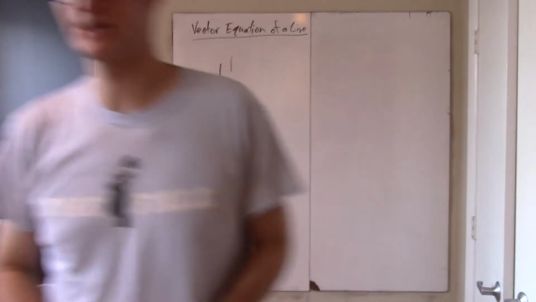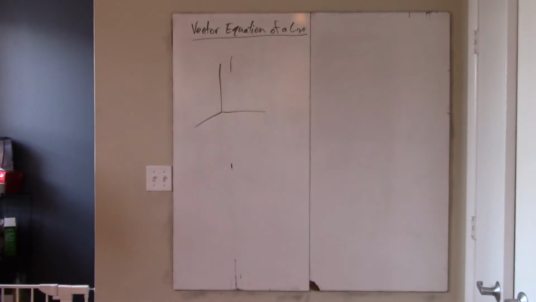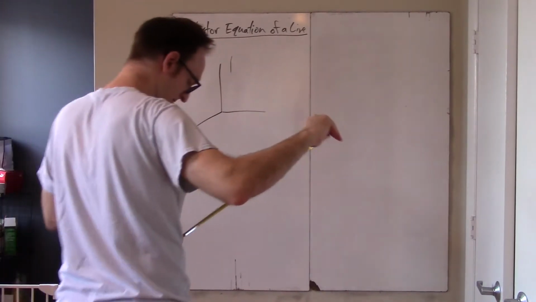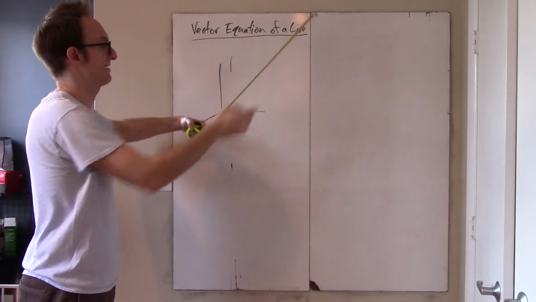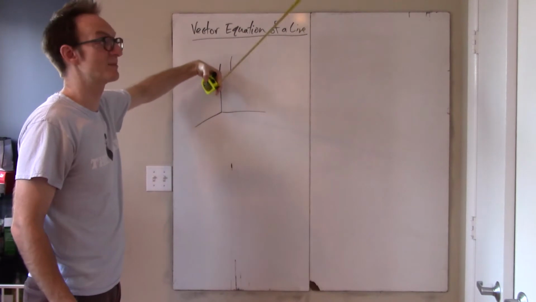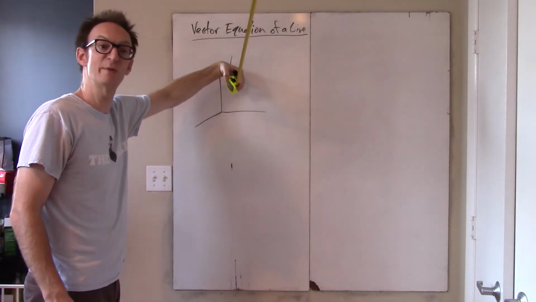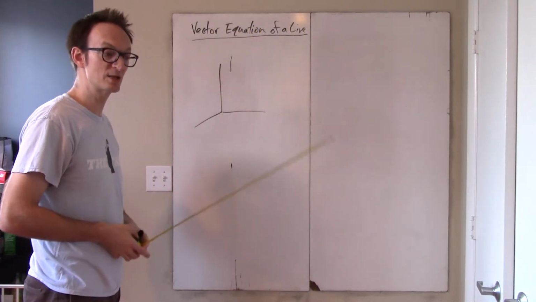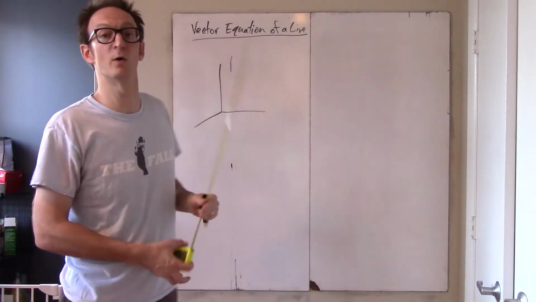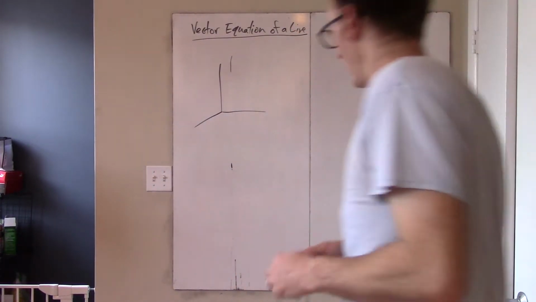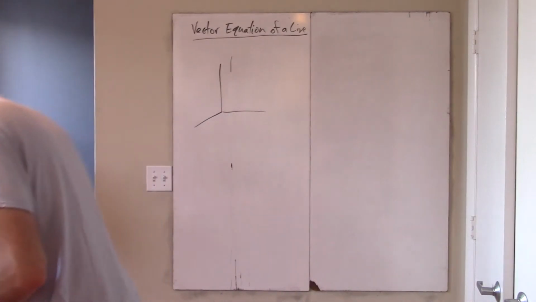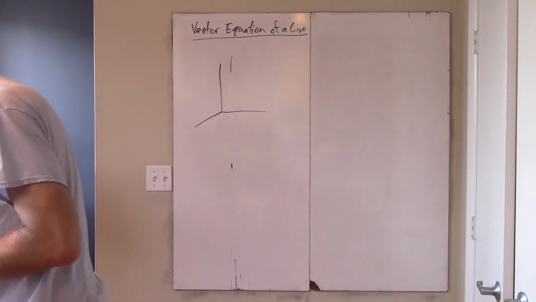I don't have a meter stick, but I have maybe this thing. It's pretty long. So the idea is that you have some line pointing in some 3-dimensional direction, and I would like to come up with a way of talking about that line algebraically. Okay, well, I think this is actually very straightforward.